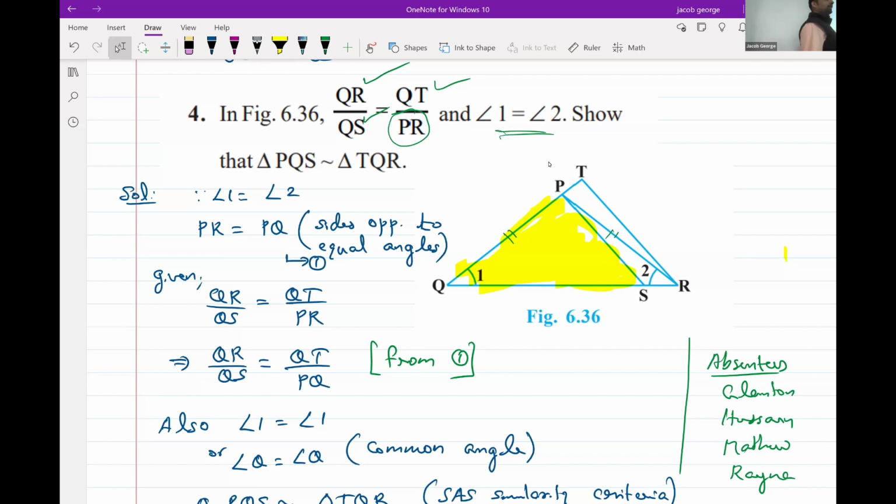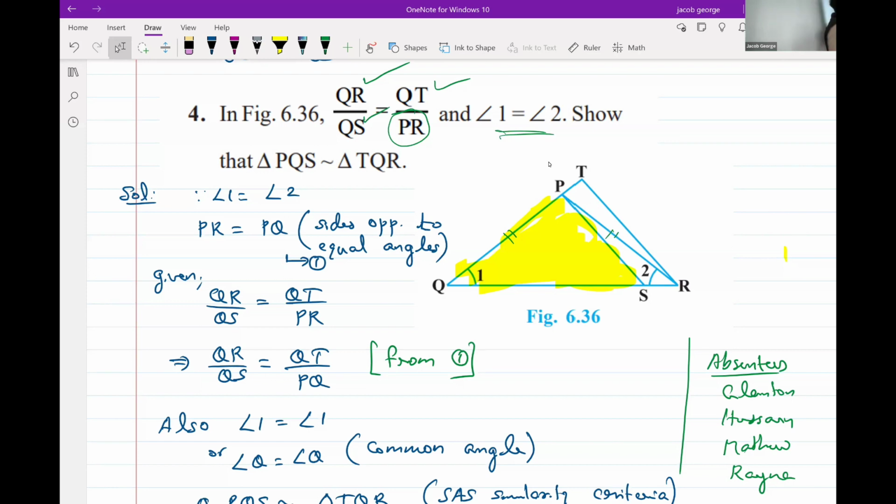Then you will substitute here. So we want two sides proportional: QR by QS is equal to QT by PQ. Then there is a common angle, common to the small triangle and the big triangle. What is that angle? Angle Q, right?